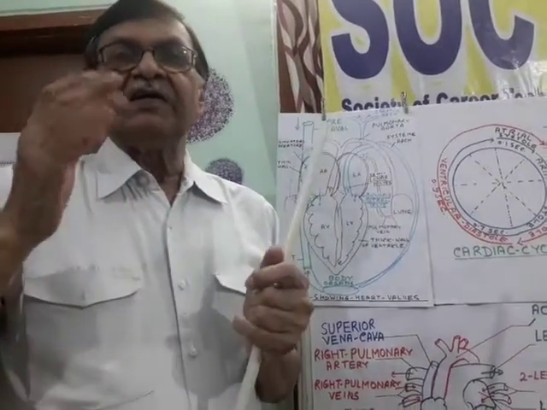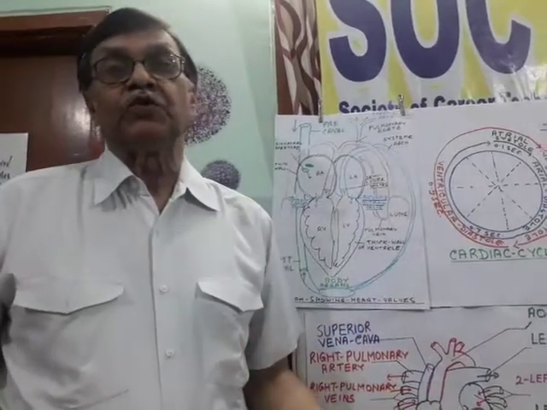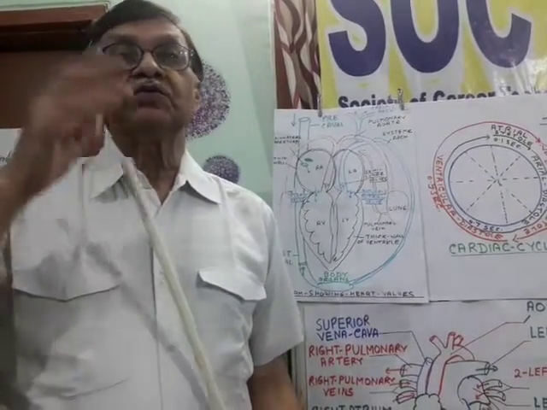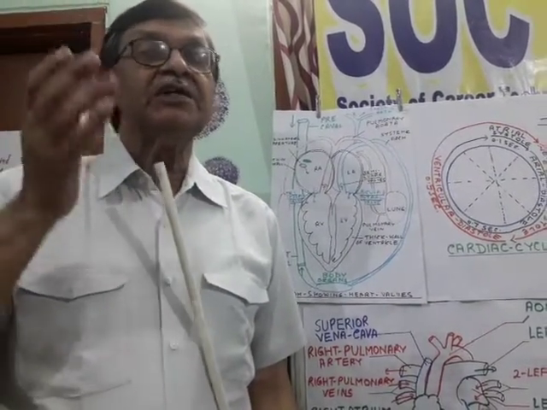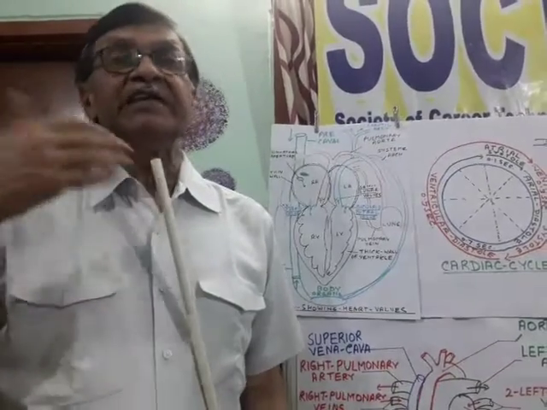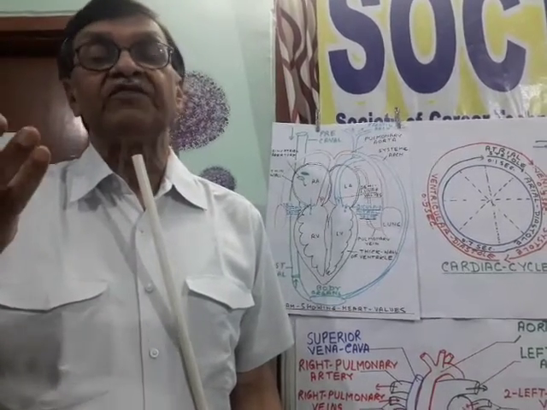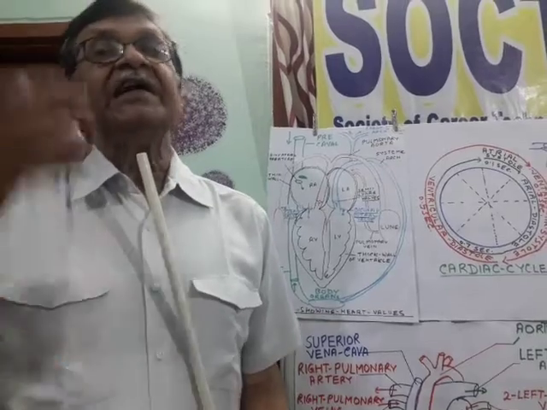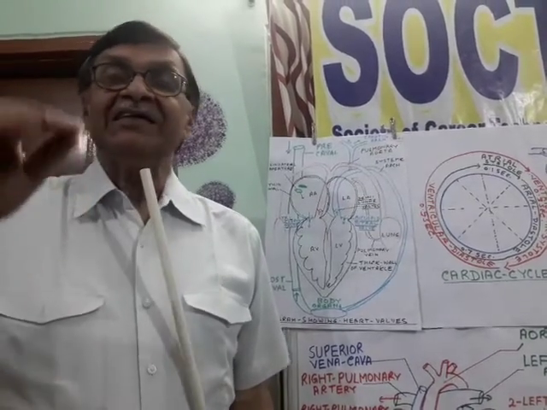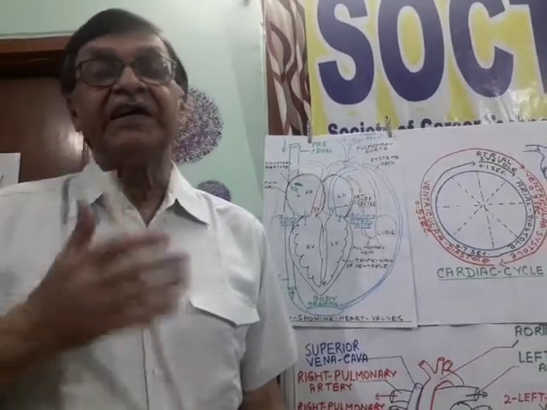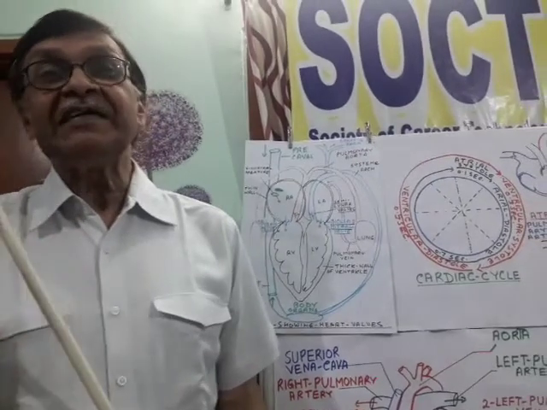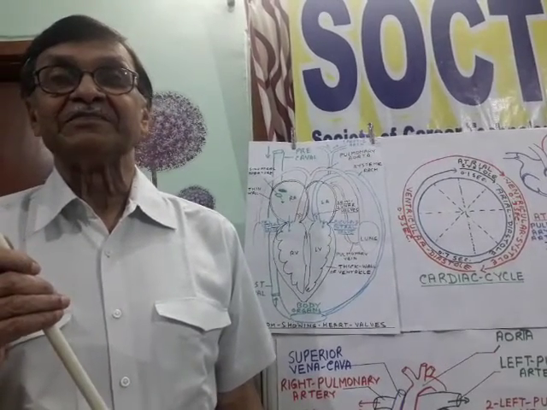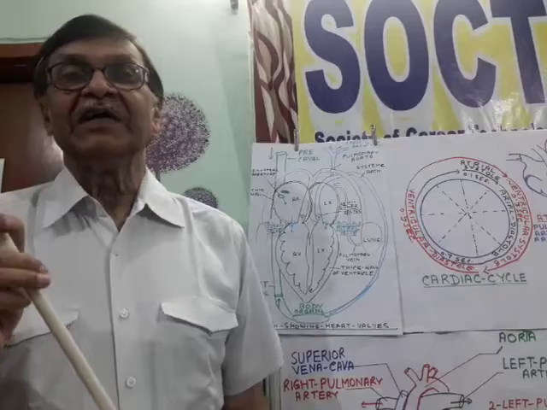Now, it is interesting to note that from the third month of pregnancy, when a child is developing in the womb of its mother, till death, the heart is continuously working and never fatigues. How? It is a miracle.